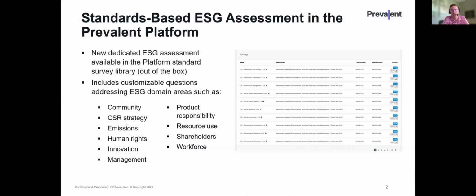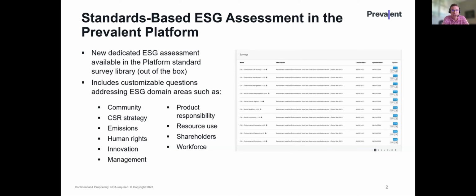We have built into our platform a standards-based ESG assessment that is quite comprehensive and addresses, I think, 10 high-level ESG risk domains and has several customizable questions that you can implement and change and move around and create risks custom to your organization.